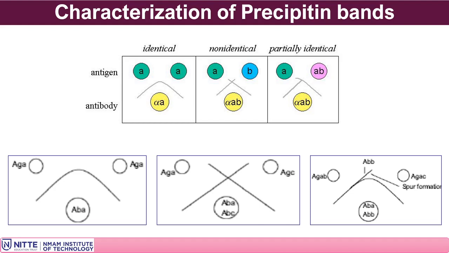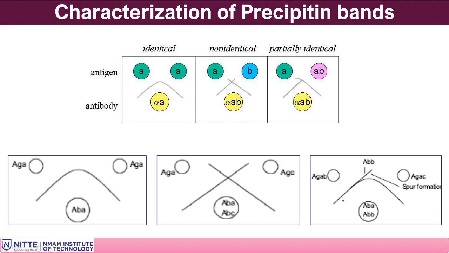When the precipitation reaction takes place, as far as antigen A is concerned, which is similar, you will get a line of identity like we had seen earlier in the left-hand side here. That is the line of identity as far as antigen A is concerned. Whereas the other line that has appeared here corresponds to antigen B with respect to antibody B, and it doesn't have a similar antigen in the other well.